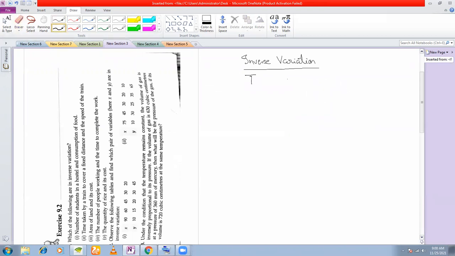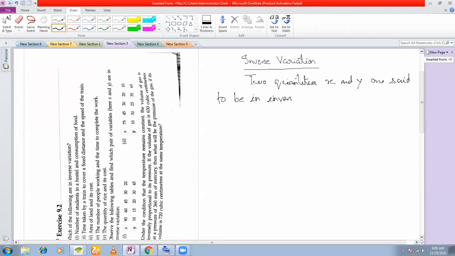So we write the definition: two quantities x and y are said to be in inverse variation if xy is a constant. Okay. Or we also write this as x1 y1 is equal to x2 y2 in this case.